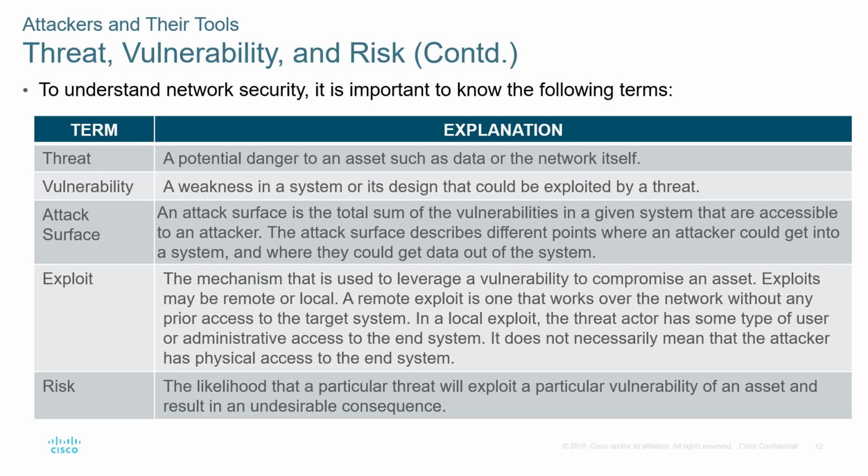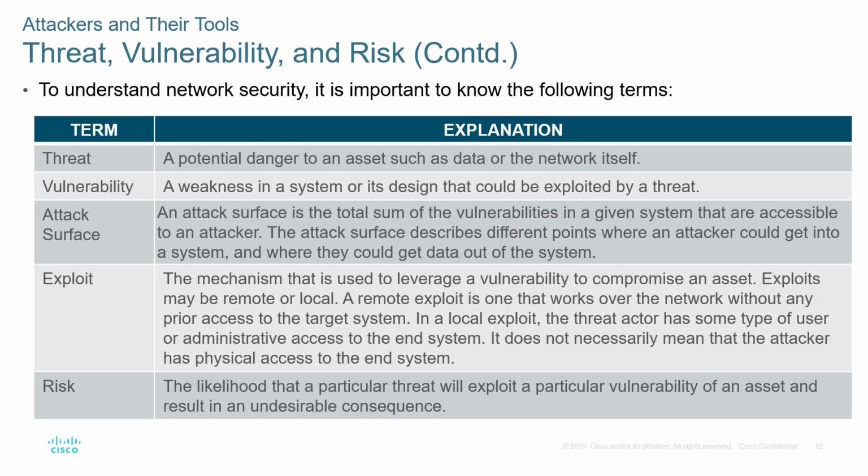A vulnerability is a weakness in a system or a design that can be exploited by a threat. Again, threat being the danger to that asset. So a vulnerability is a weakness that could be exploited. Normally, you would cover exploit at that point, but there's also an attack surface.